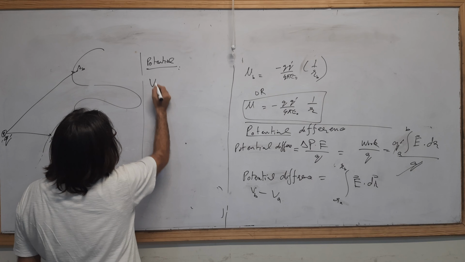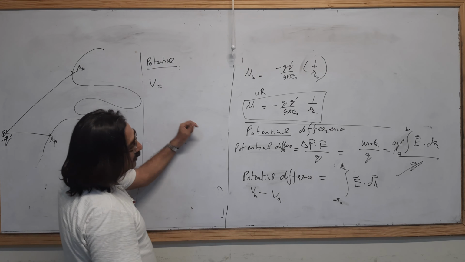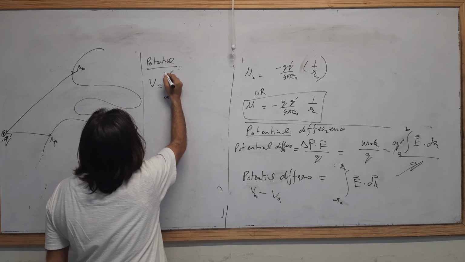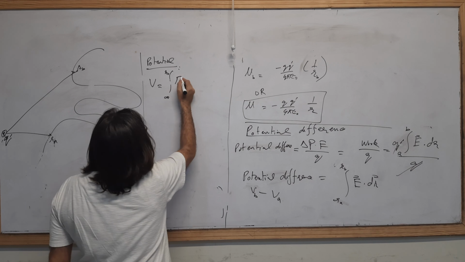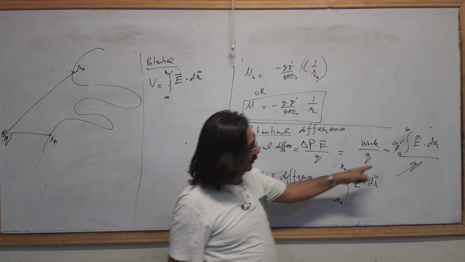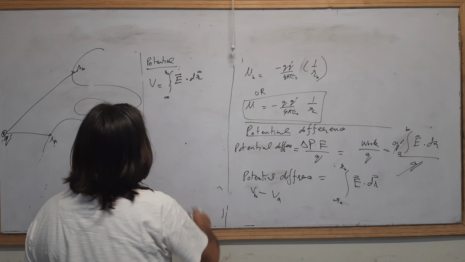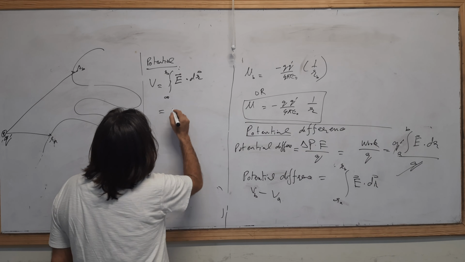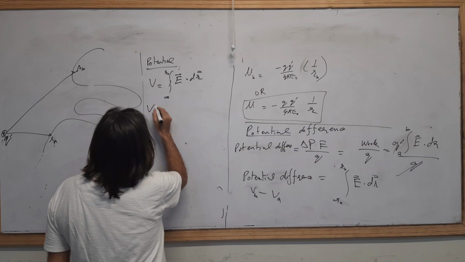So V will be the integral from infinity to RB of E dot dr. Now A becomes infinity, and as we derived, that will be Q over 4 pi epsilon naught times 1 over R. Why am I not integrating?